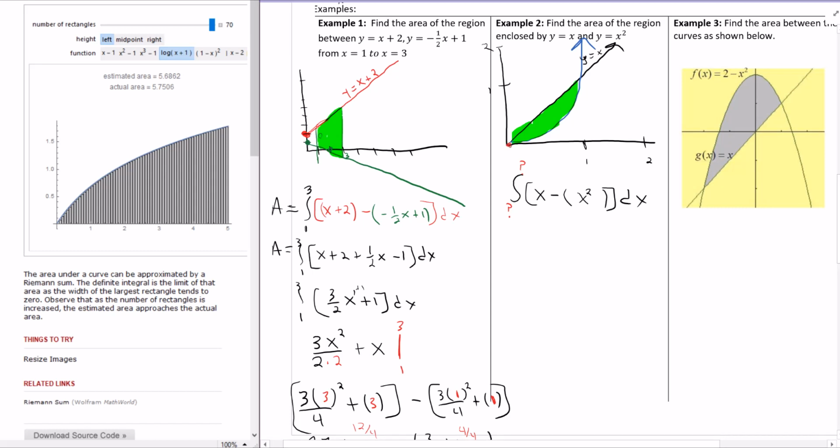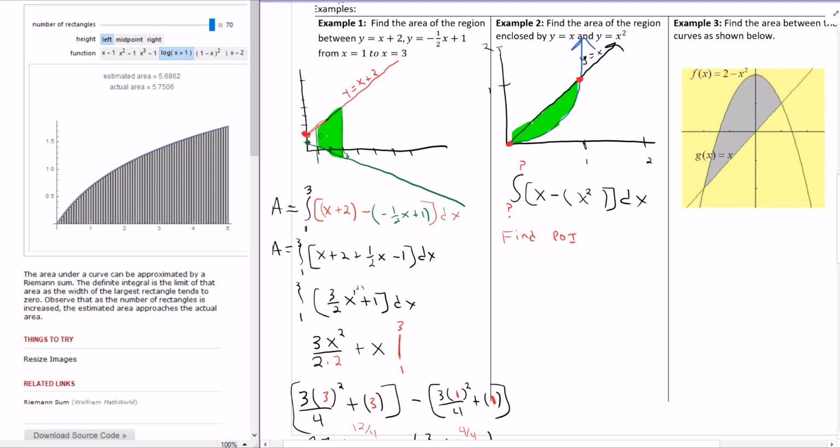So basically what we need to know here is these 2 points, which are the points of intersection, right? And they look kind of obvious, but you need to make sure you actually can get them, right? So the way we actually get them is to find the points of intersection. We need to set these two functions equal to each other, right?